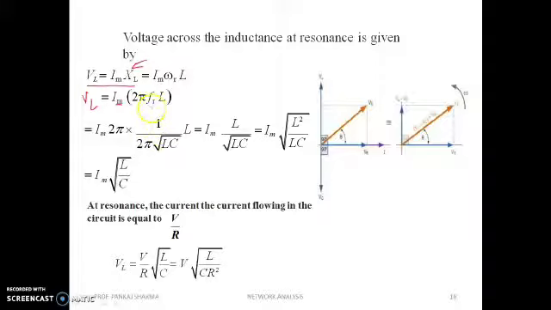Put the value of resonant frequency, that is 1 upon 2 pi under root LC, into L.